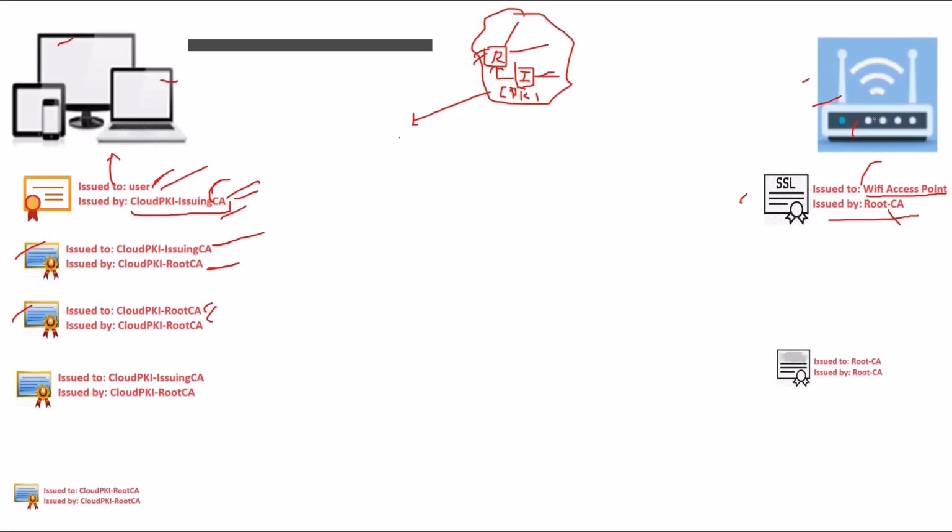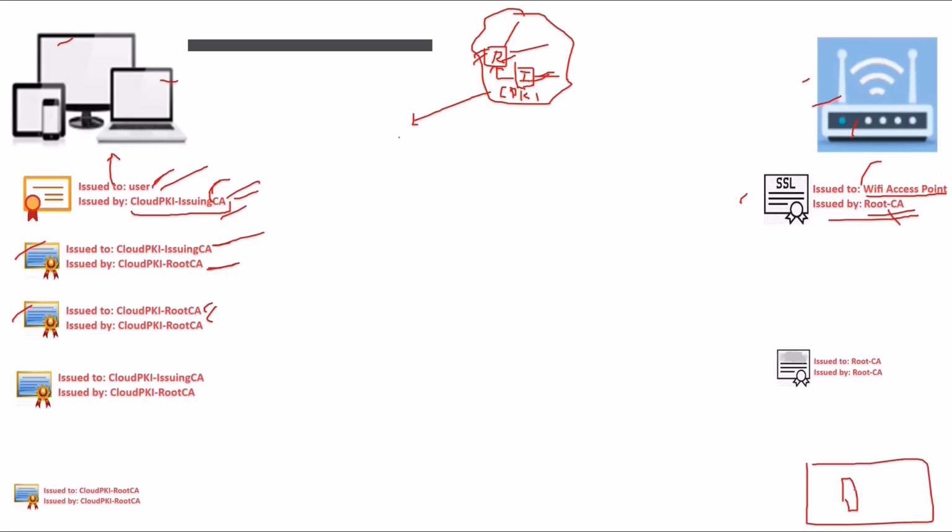So where will this Wi-Fi endpoint get this certificate from? This Wi-Fi endpoint has got this certificate from a root CA which is present on-prem. So this is the cloud. The cloud contains a root CA and an issuing CA, and this is my on-prem.